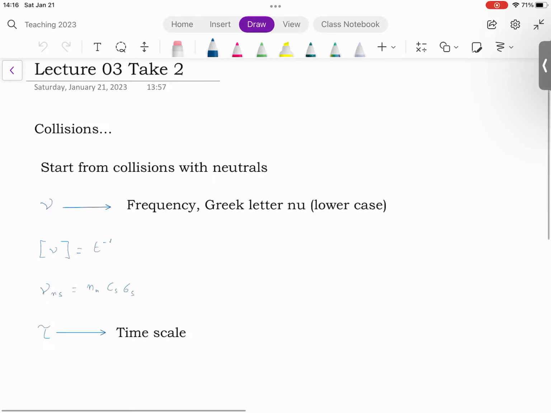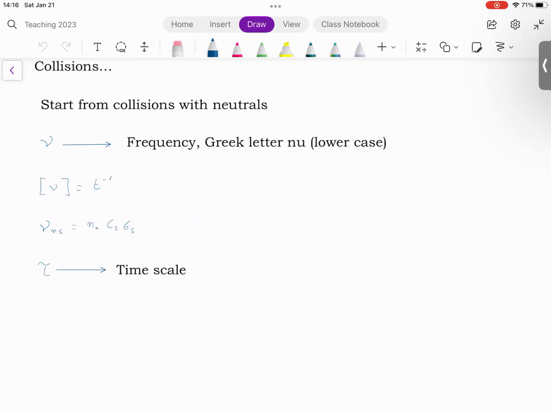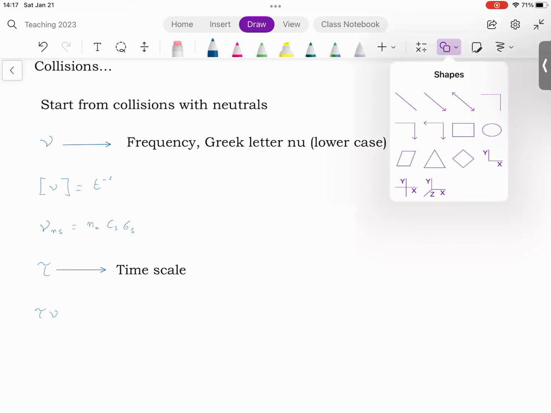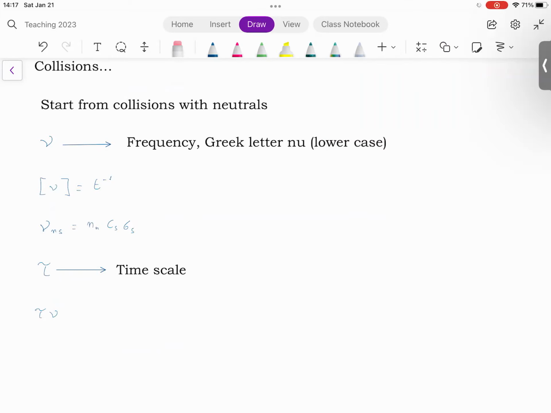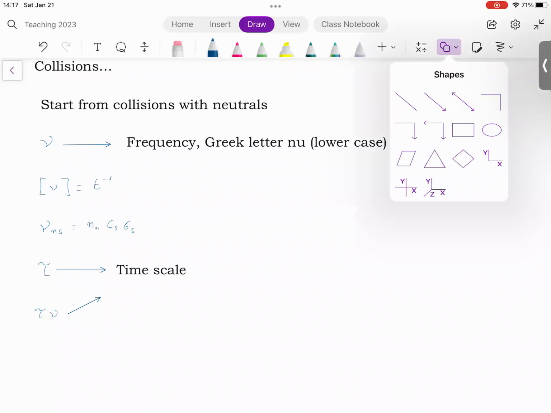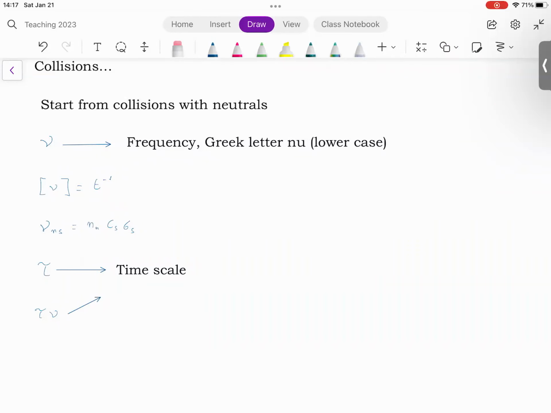And then what you do is take the product tau times nu. And this is going to be a dimensionless number. So now it's easy to decide if the number is big or small. We just have to look at what the number is.